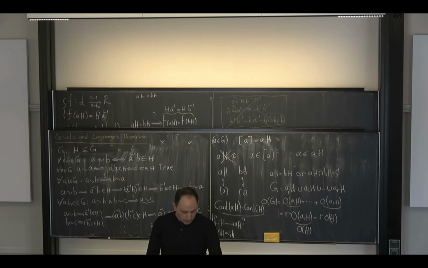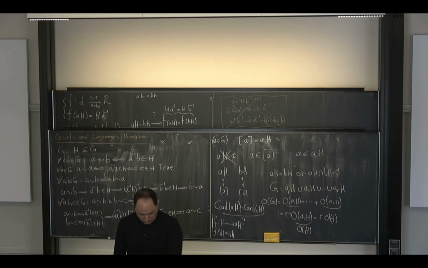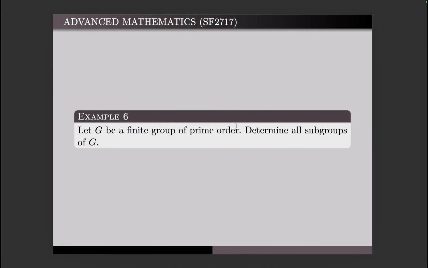I know that you are willing to go immediately, but let me ask you this question. You have a finite group of prime order. What are the subgroups of that? For example, I give you a group, you don't know anything about it, but I tell you the order of my group is 31. I want you to find all subgroups of this.